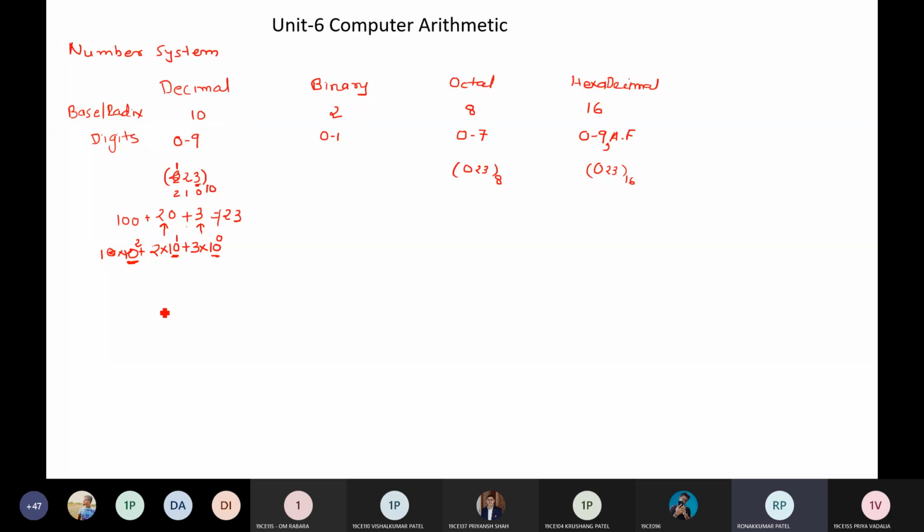So take some value. Take a smaller value first. 24. This is a decimal value, right? I have not specified any base, so by default you can consider it's a decimal value.